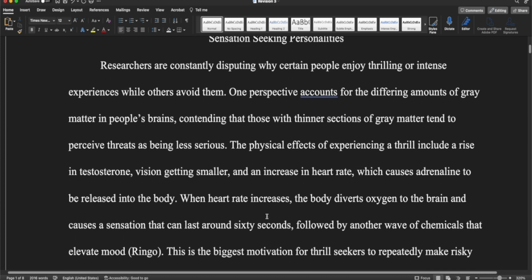Part of the problem, though, is that this introduction is also kind of about biology, right?